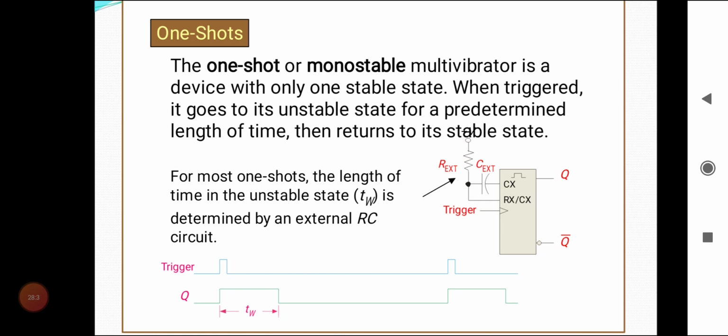The low state is the stable state. Whenever a trigger pulse is applied, it jumps to the unstable high state. After the predetermined time constant, it comes back to the original low state, which is the permanent state.